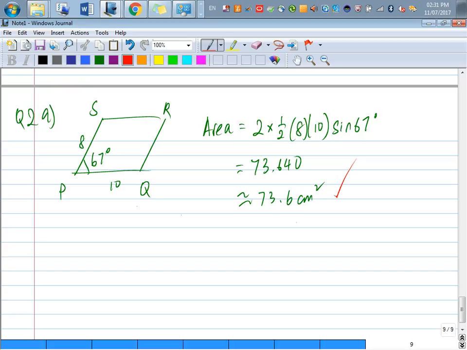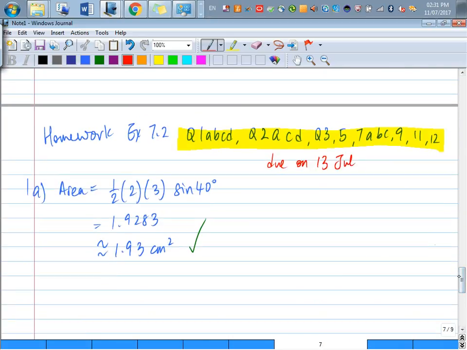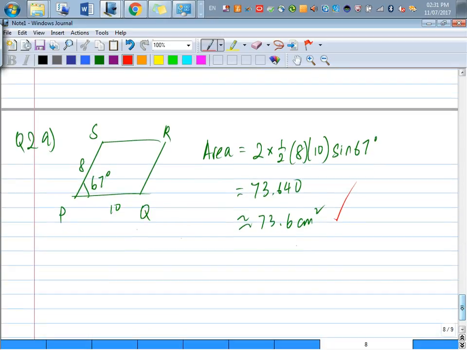Sophia, what are you doing? No, you're looking at Winnie. Okay, focus, focus. So this is 2A. I'm giving you time to do in class, so you better make full use of the time so that you do not come and tell me 2 days later you don't have time to finish it.